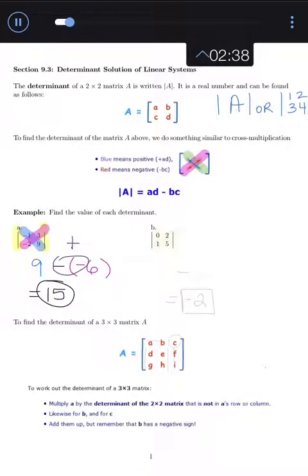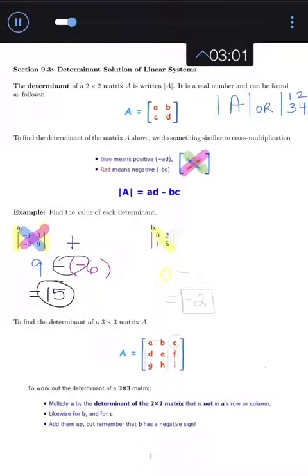Let's try another example. Let's look at problem B. On problem B, we'll start the same way. Again, we're looking at taking the determinant. We'll start by multiplying the A and D terms, which is the 0 and the 5. Well, 0 times 5 just gives us 0.